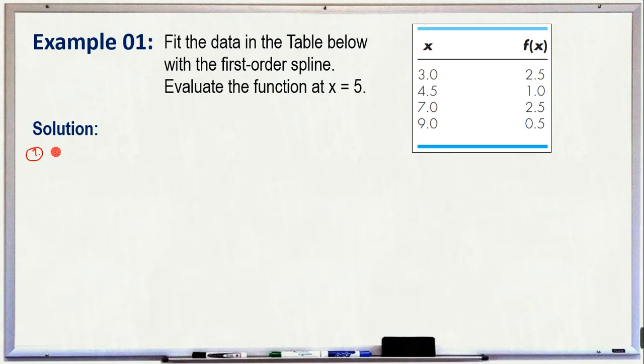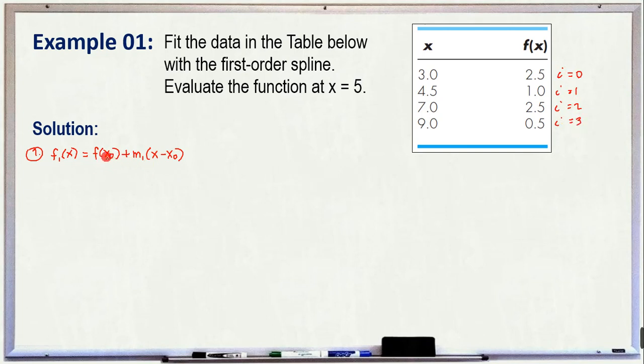That is f1, our first linear spline, equals f of x naught plus m1 times x minus x naught. The notations below represent the intervals I0, I1, I2, I3.